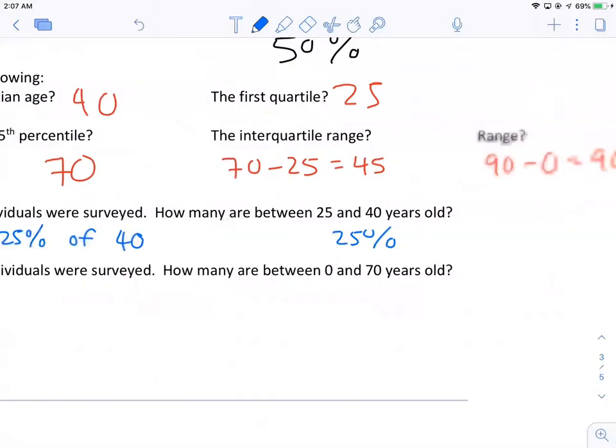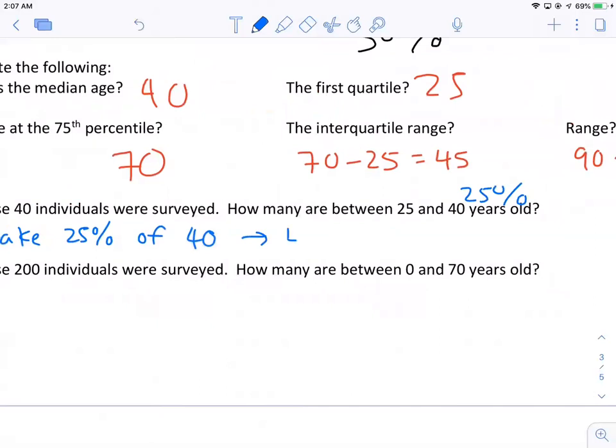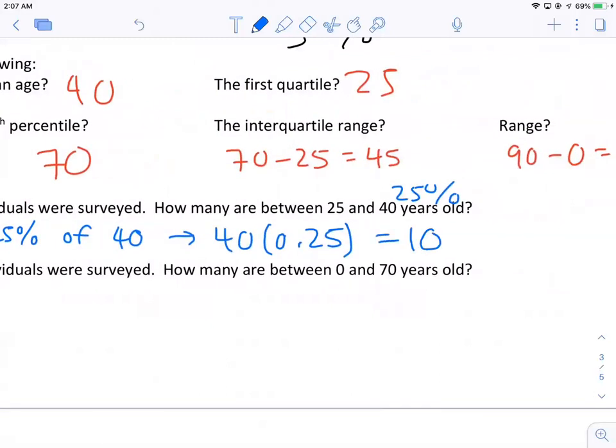The way we do this, if you do not know how, is we change 25% to a decimal and multiply it by 40. So 40 times 0.25 equals 10 people.